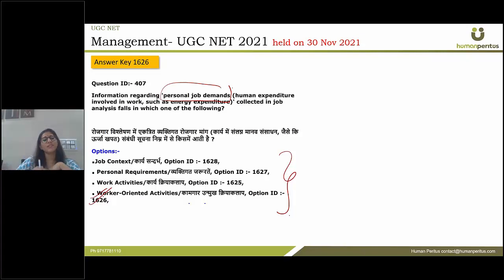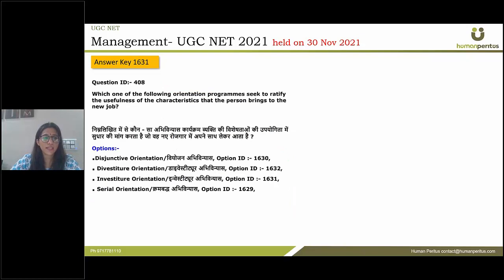So basically all the components have certain sub-components, and this specific one comes under the worker-oriented activities. All right. So this comes out to be the correct option, which is 1626. The next question is, which one of the following orientation programs seek to ratify the usefulness of the characteristics that the person brings to the new job?